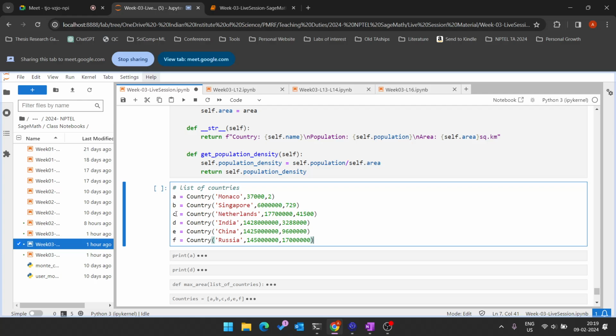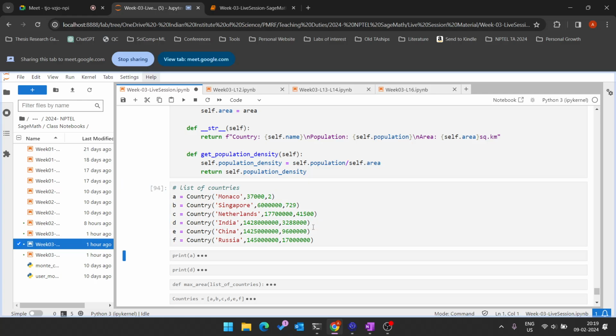I have 6 objects of the Country class, A, B, C, D, E, F, and for each object I'm specifying Country of name, population, and area in square kilometers. So I've got 6 countries here: Monaco, Singapore, Netherlands, India, China, Russia.